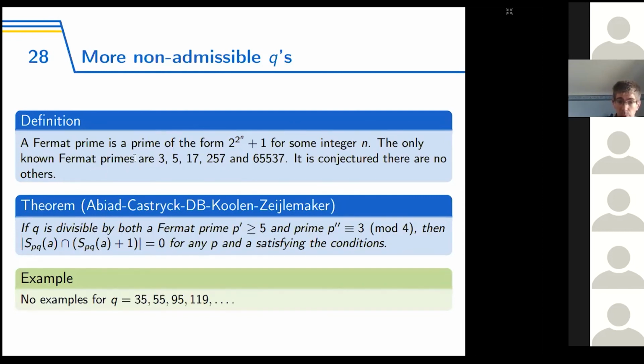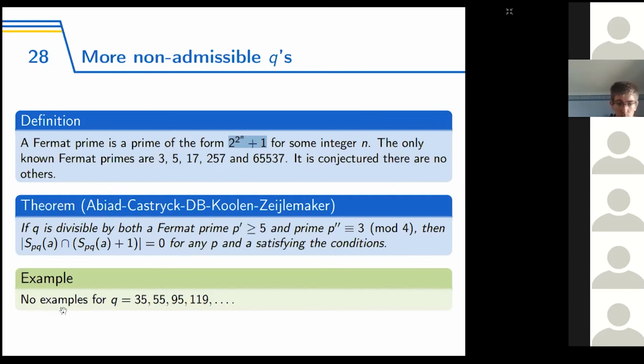For instance, if you take a q which is divisible by both a Fermat prime, and if you have forgotten what a Fermat prime is, it's a prime of this form, and it's also divisible by a prime which is 3 mod 4, then you are guaranteed to find an empty set as this intersection. So in this case, an empty set has size 0, and this is never -2 mod q for q an odd integer.